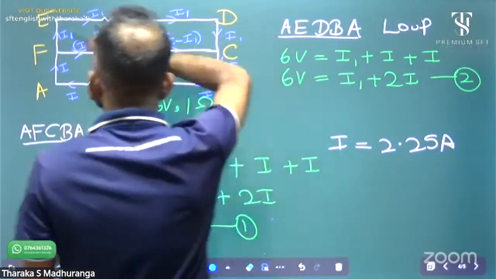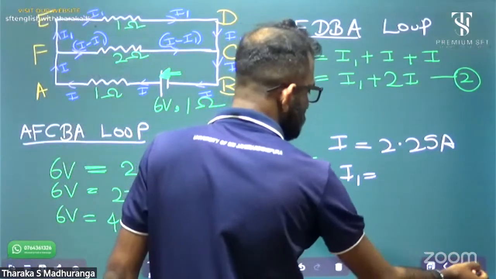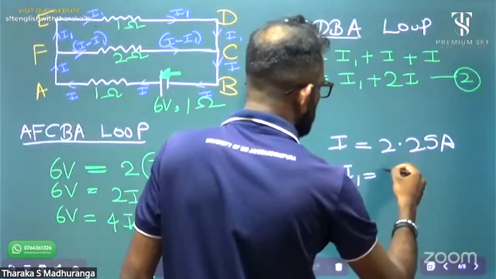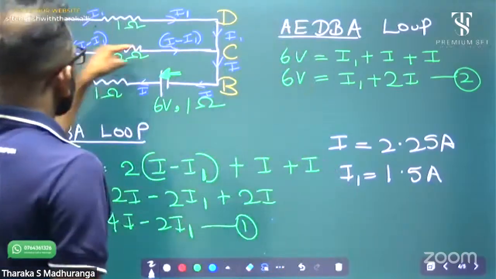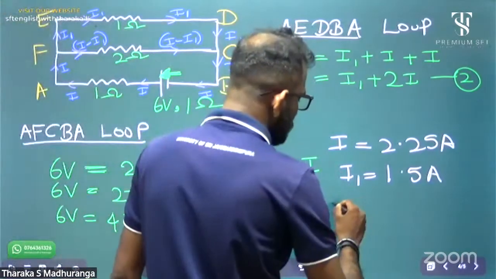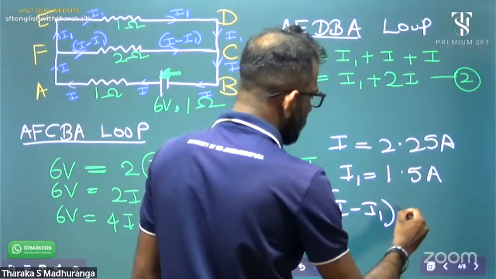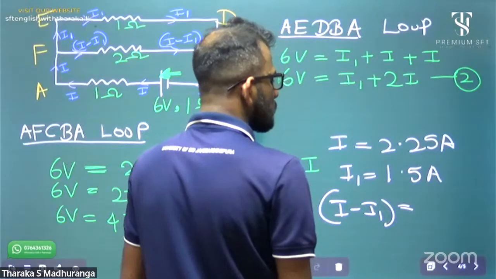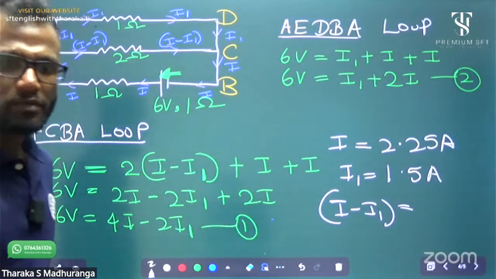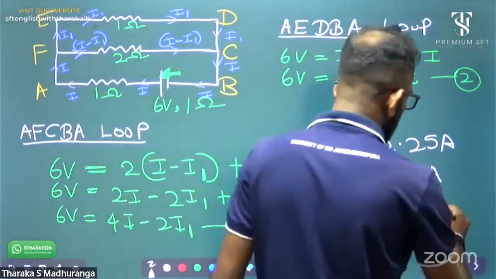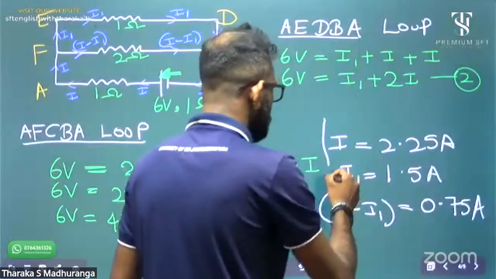The I1 current was 1.5 ampere. Then in this middle path, I minus I1. What is this value? I minus I1 means 0.75 ampere. Okay, that's how the current is flowing through this circuit.